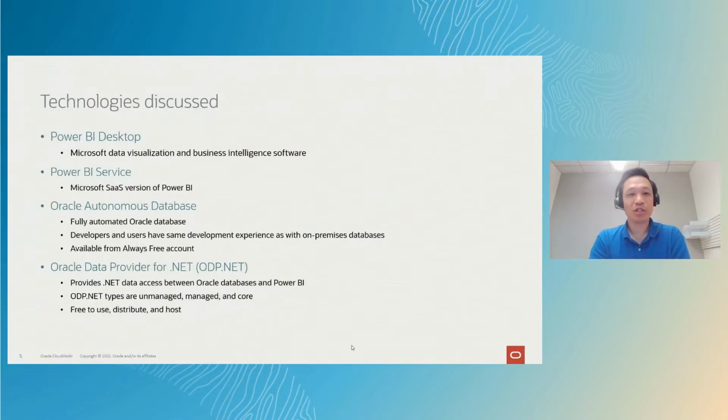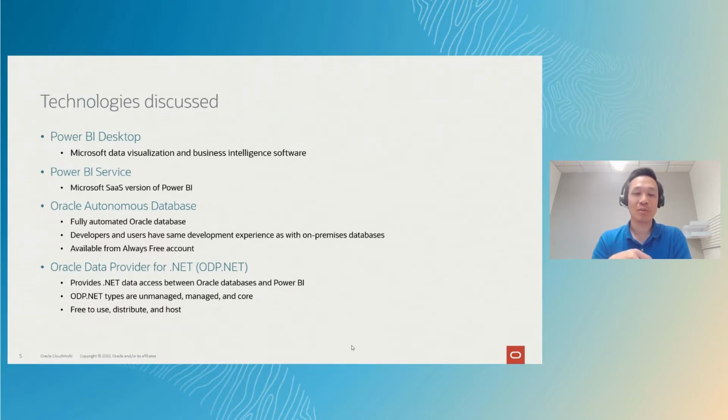So some introduction here on the different technologies and the terms, just to give everyone a level set of what we're talking about and what's involved. Power BI Desktop is the common, usually on-premise solution for data visualization with a Microsoft solution. And it connects to any database. In this case, we're going to talk about Oracle Autonomous Database, which is certainly growing in the marketplace of being more commonly used with Power BI Desktop.